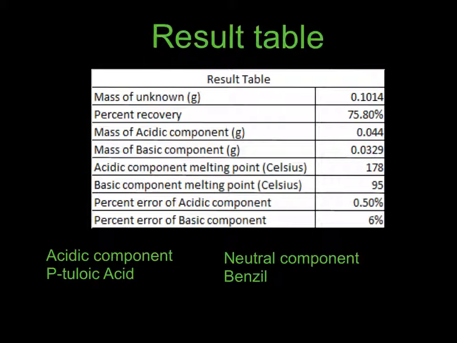After I measured the weight of my acidic component and my neutral component, I calculated the percent recovery as 75.8%. The mass of the acidic component was 0.044 grams, and the mass of the neutral component was 0.0329 grams. I found my acidic component melting point was 178 degrees Celsius.